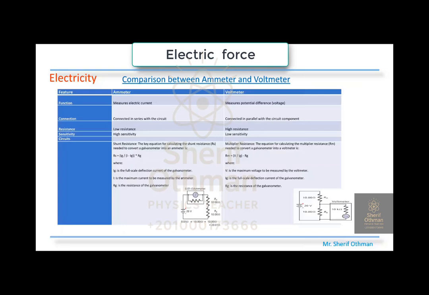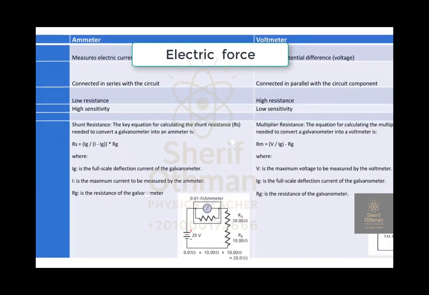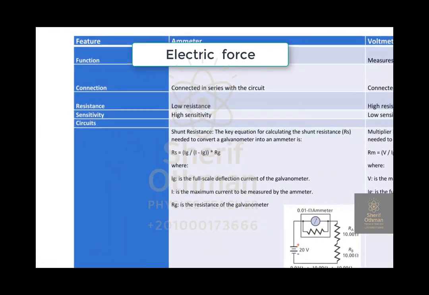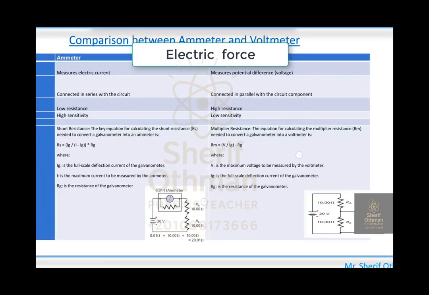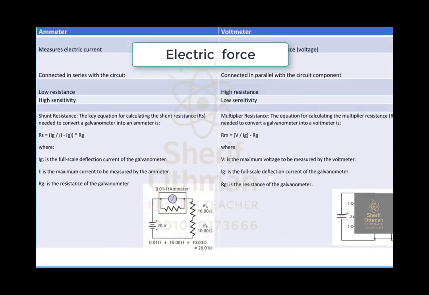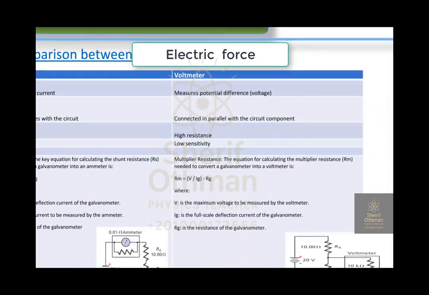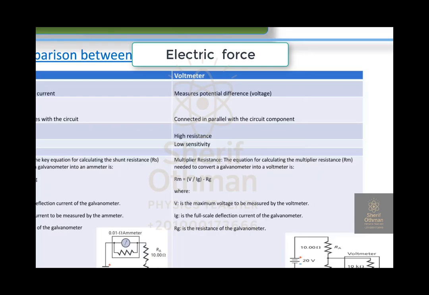Here is the connection of the ammeter and voltmeter. The resistor which is connected to a galvanometer to change it into an ammeter is low resistance, connected in parallel, and called shunt resistance. While the resistance which is connected to a galvanometer to change it into a voltmeter is called multiplier resistance.